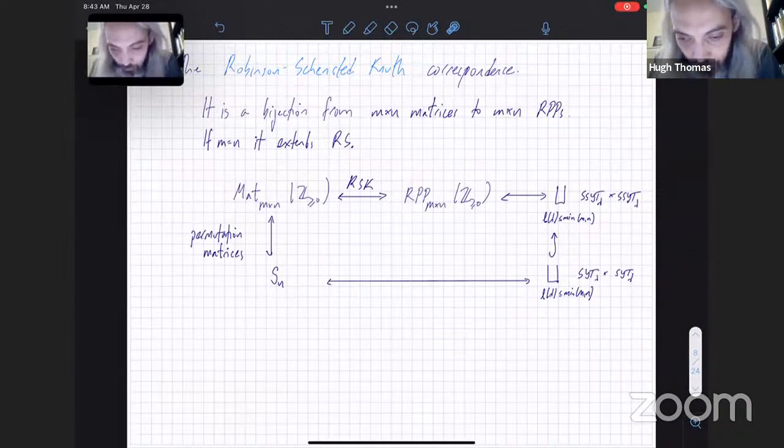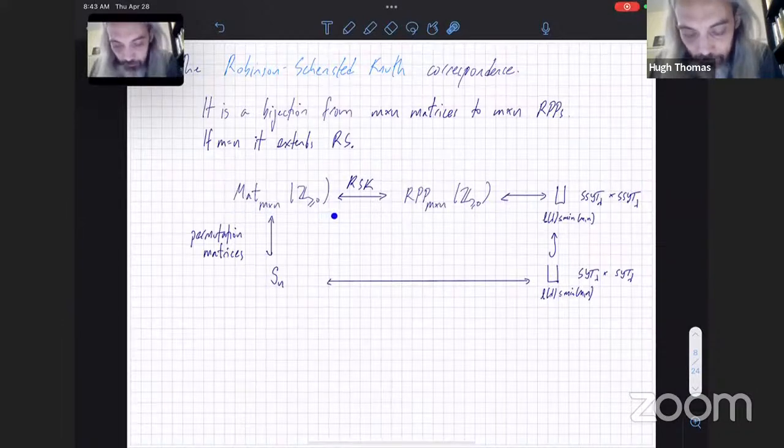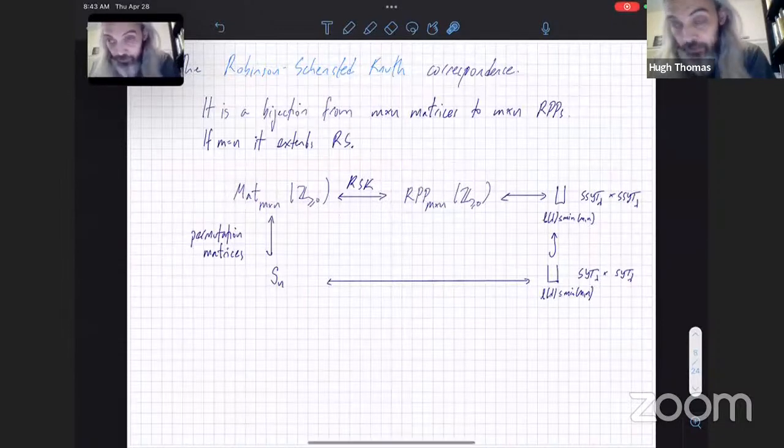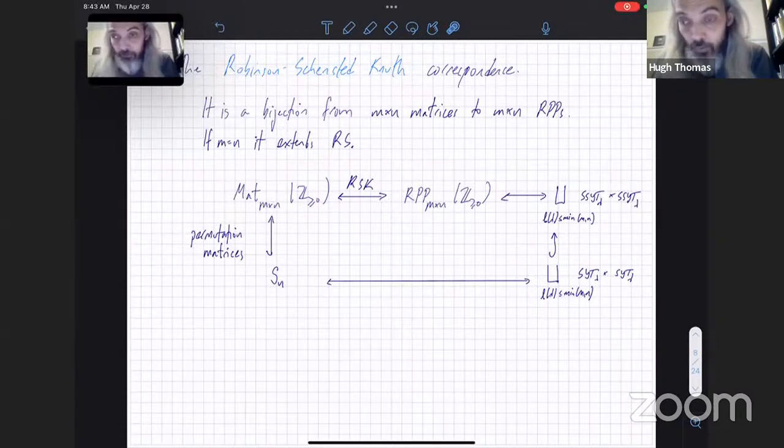So RSK is a bijection, which I'm going to think of like this, as a bijection between non-negative integer m by n matrices and non-negative integer reverse plane partitions of the same shape. Okay, so recall that reverse plane partitions weakly increase in both rows and columns.